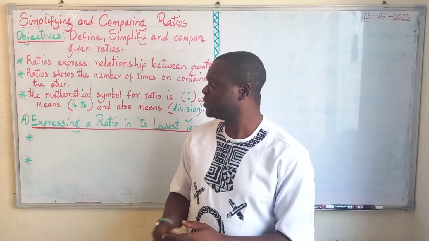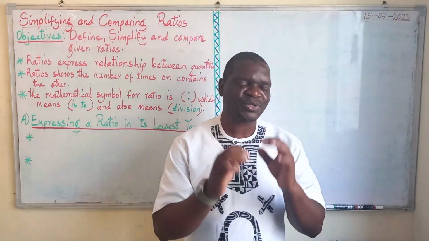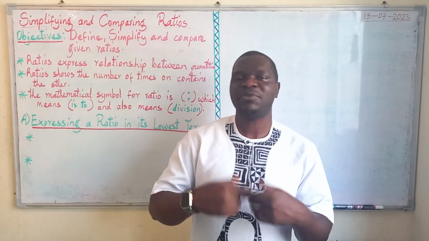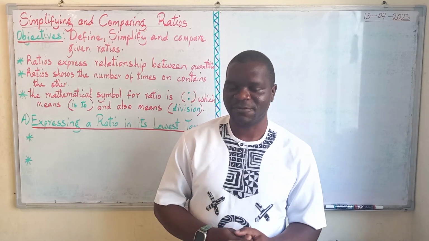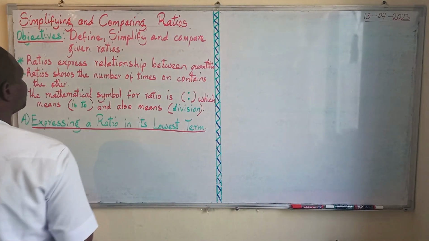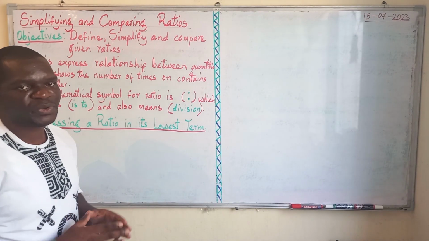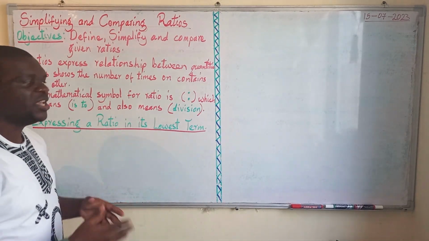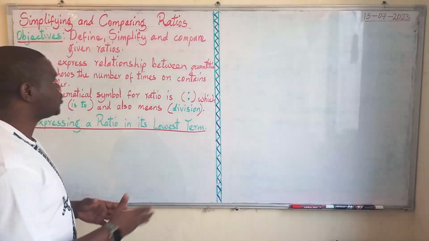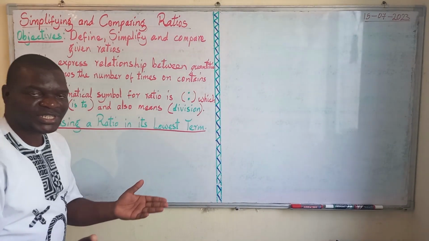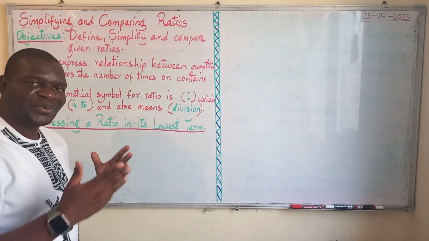But before we go into that, there are some key facts that we want to take note of first before we go into the real matter. Ratios express a relationship between quantities or among quantities, because you may have more than 2. The relationship that exists between these quantities is what we call ratios.